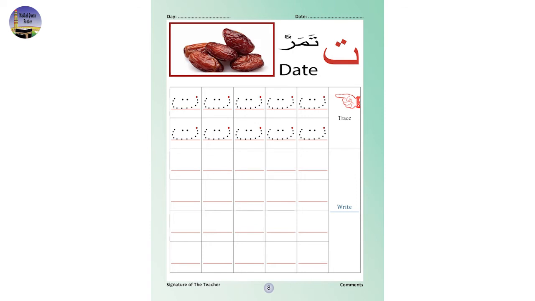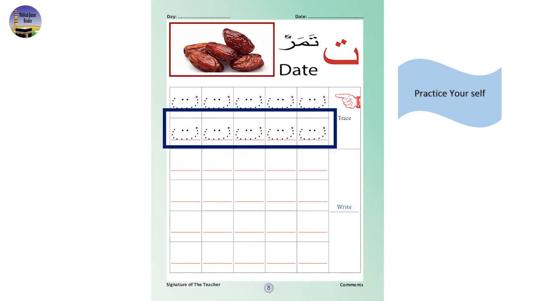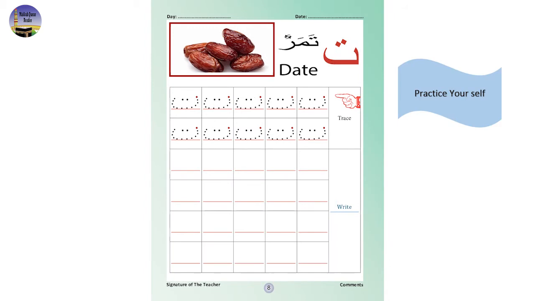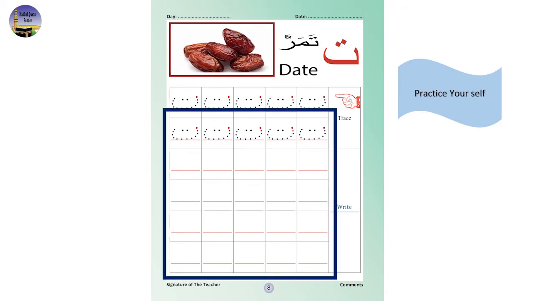Follow the upper one and join the dots of the second line the same way. Now you have to write ta by yourself and complete the page properly.